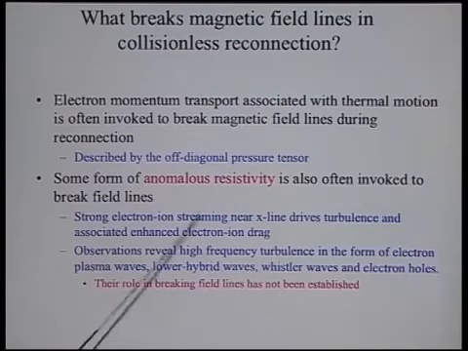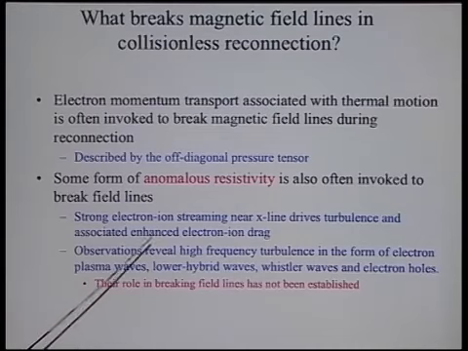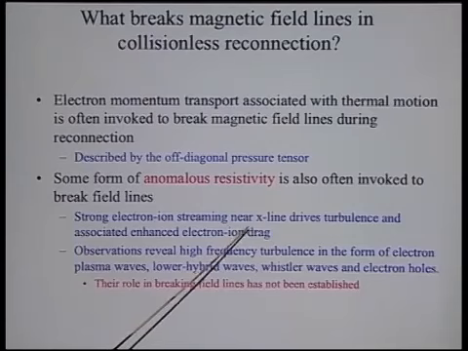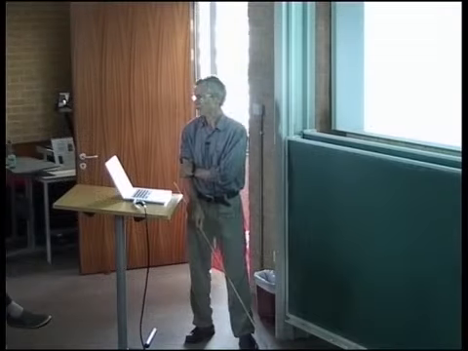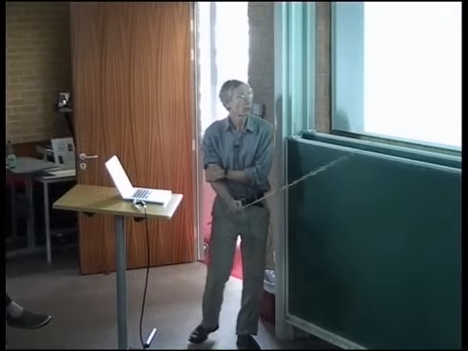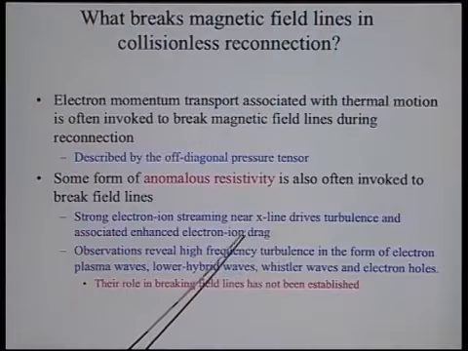On the other hand, historically, anomalous resistivity has often been invoked. The idea is that when you have reconnection near the X line, you get these very intense current layers, and that streaming could drive turbulence, which produces enhanced electron-ion drag.